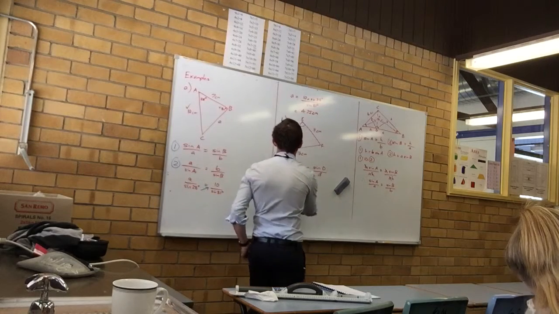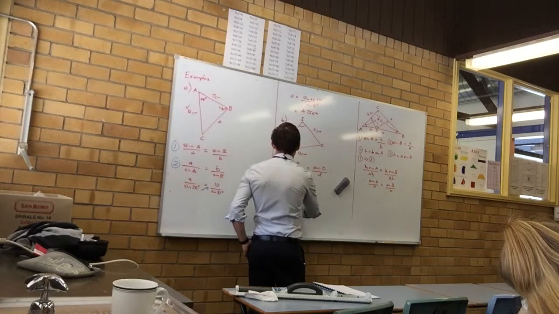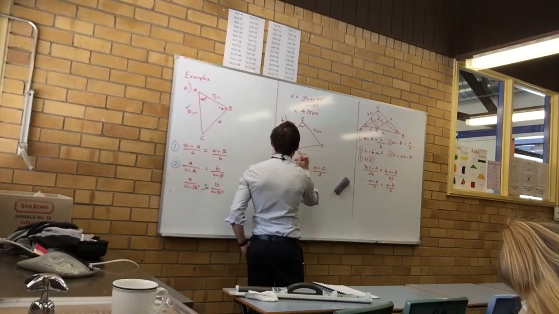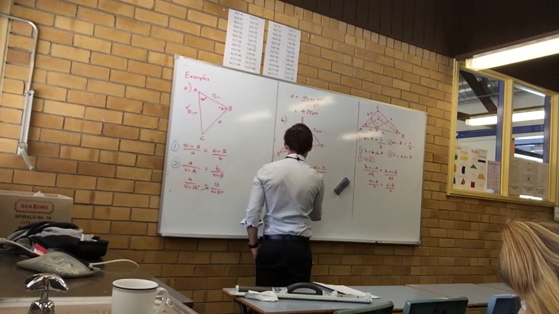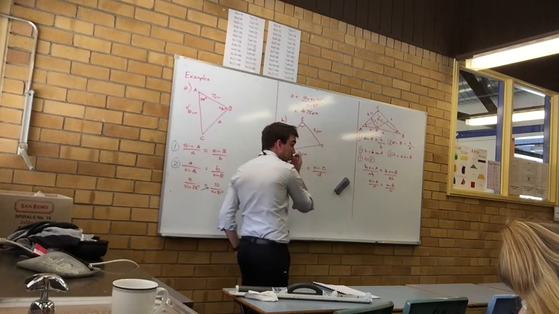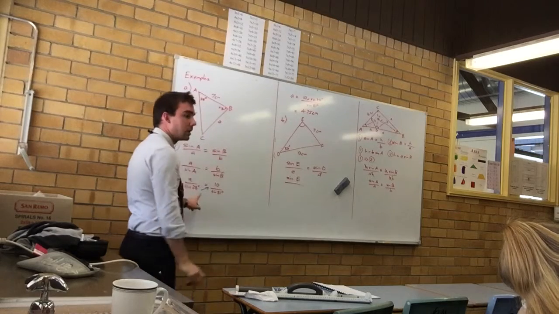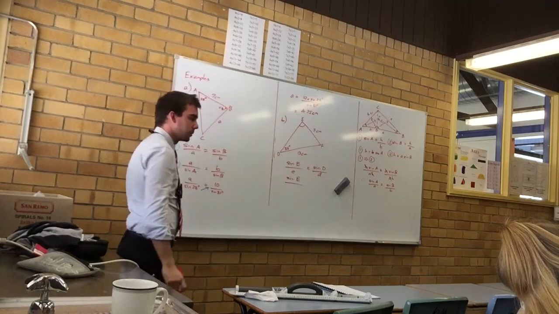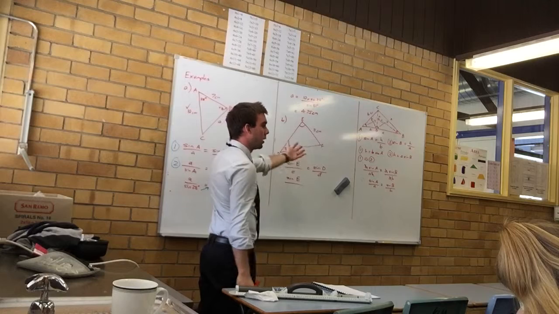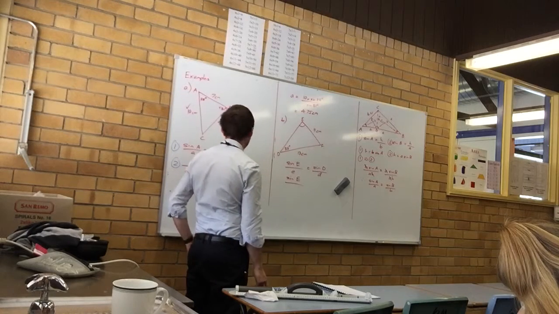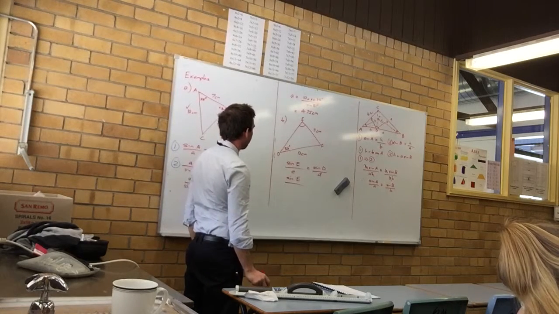Sine of capital E, that's the variable. The variable should always be on the top left, so that way it will be nice and easy to multiply across, rather than having the variable elsewhere, where it might look a bit more confusing and strange.